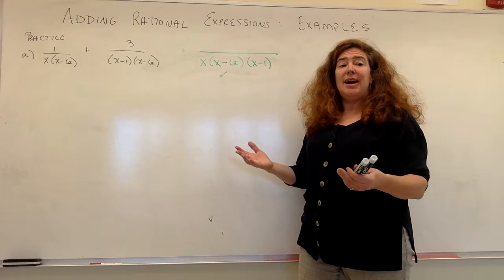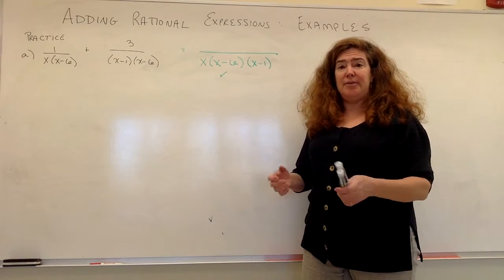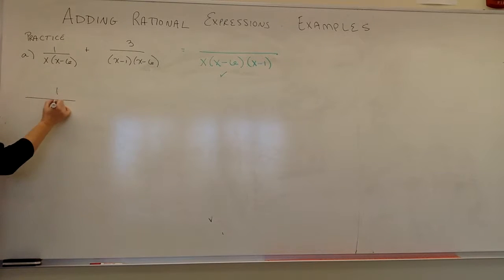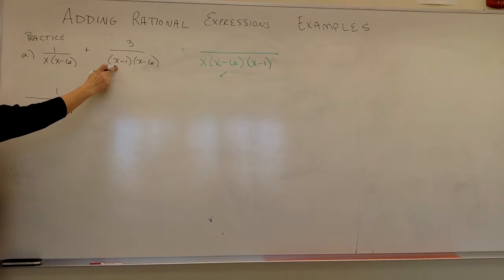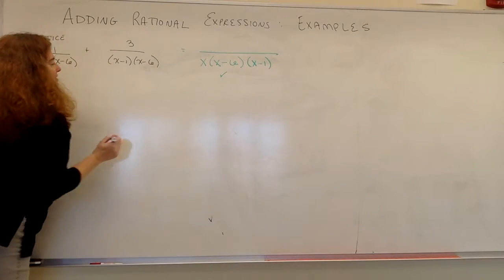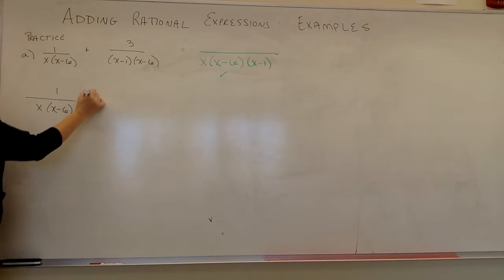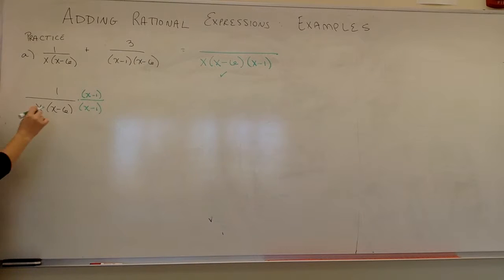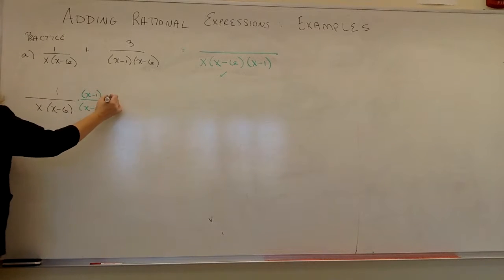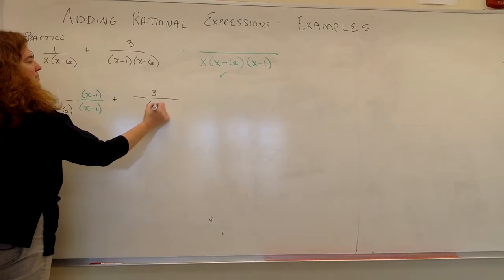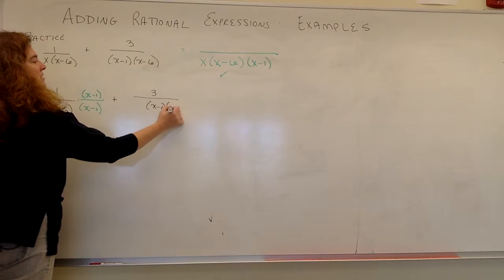Next step, I need to figure out what each denominator is missing. So 1 over x times x minus 6, this is missing the x minus 1. So this one gets multiplied by x minus 1 over x minus 1, plus 3 over x minus 1 times x minus 6.